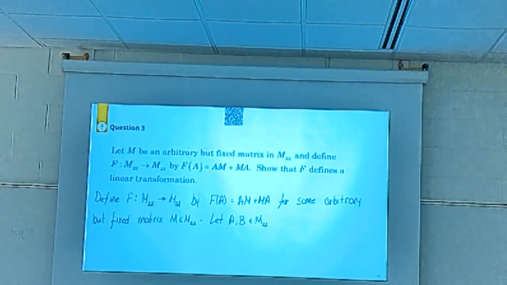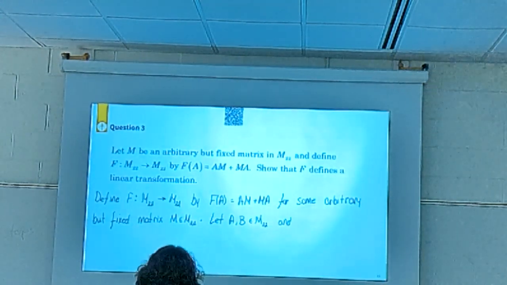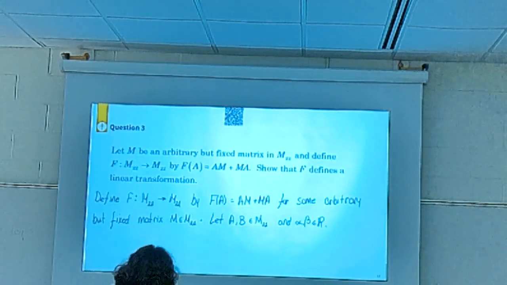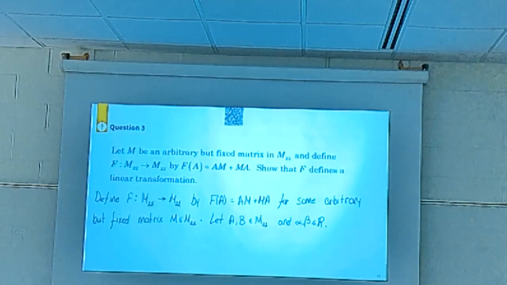So we're going to choose two arbitrary matrices from M22, and let's choose two arbitrary real numbers, alpha and beta. Obviously, that means I'm going the route of the conjecture to show that this is a linear transformation.